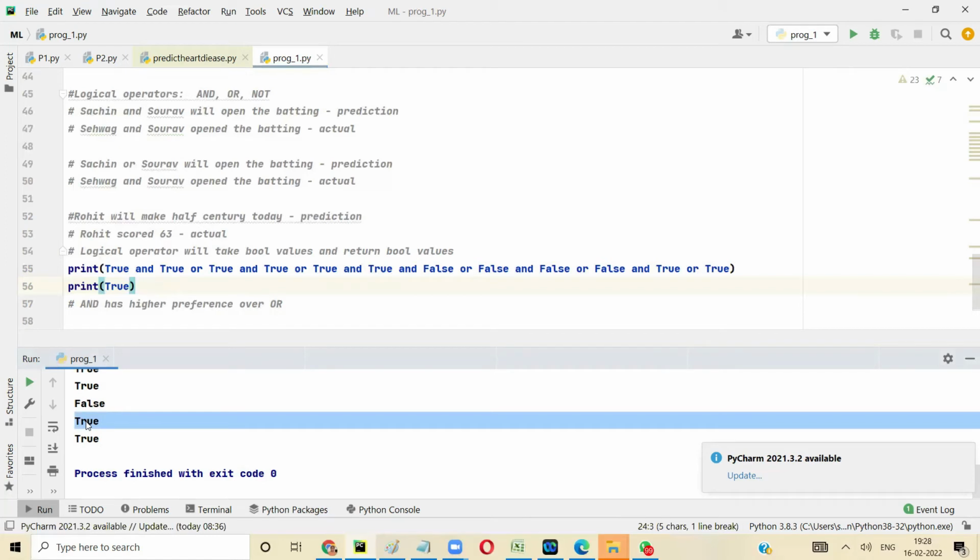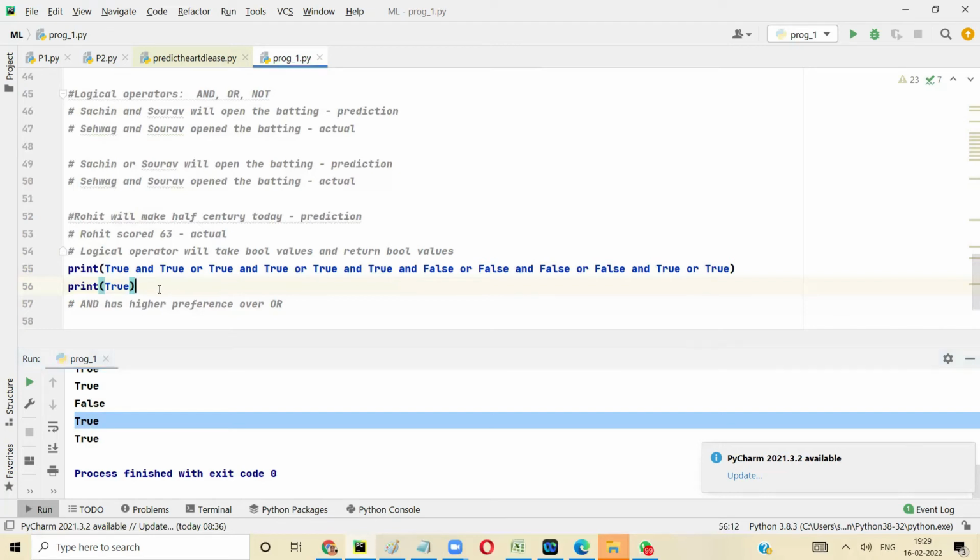Did you get it? So when you have both AND and OR in the same statement, we have to solve AND first.